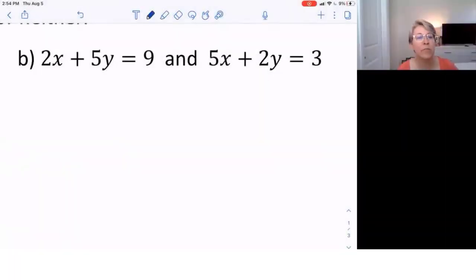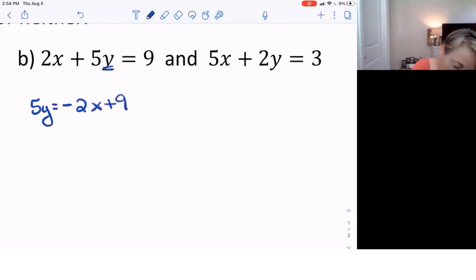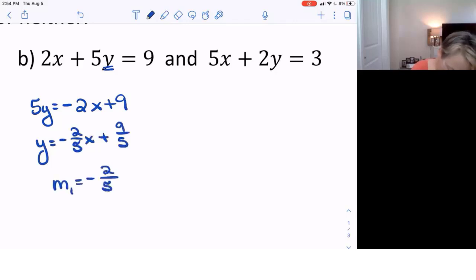Let's do the same thing for the two lines here in B. We're going to subtract 2x from both sides because we want to get this y by itself. So we'll get 5y equals negative 2x plus 9. Divide everybody by 5. We get negative 2/5 x plus 9/5. So the slope here is negative 2/5.